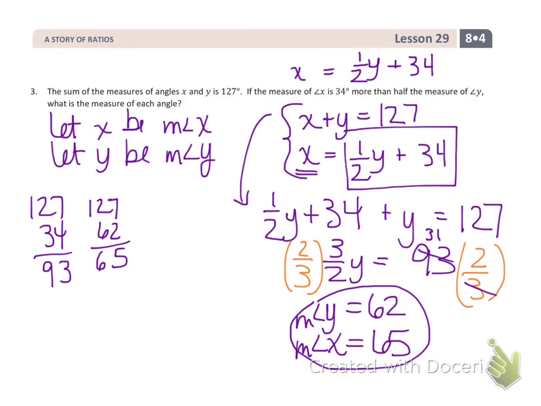If you need help on translating the English here into mathematical sentences, that's a good thing to practice, and you can find lots of practice in textbooks, on Khan Academy, different places like that. It just takes time and practice to get good at it.